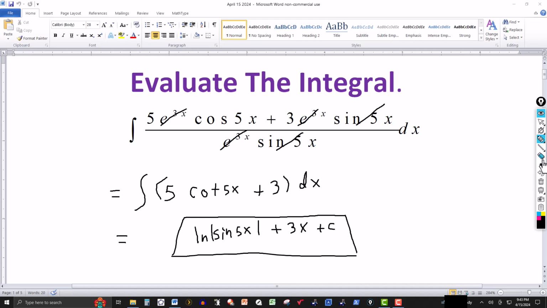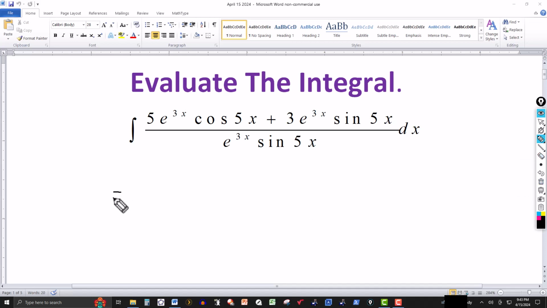Now let's suppose that you didn't see that and you're trying to work this out. A lot of times when you don't see which method to use, whether you're using a trig substitution or integration by parts, partial fractions, whatever, the first go-to method that a lot of students, including myself, like to go to is the u-substitution.